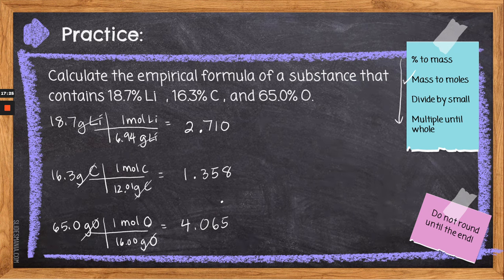These don't look like whole number ratios. That's because I still have to divide to get the whole number ratio. So I look at these 3 numbers. It looks like the 1.35 is the smallest one, so everybody gets divided by 1.35. So I'm simplifying it here basically. So this gave me a 2. One of them is always a 1.